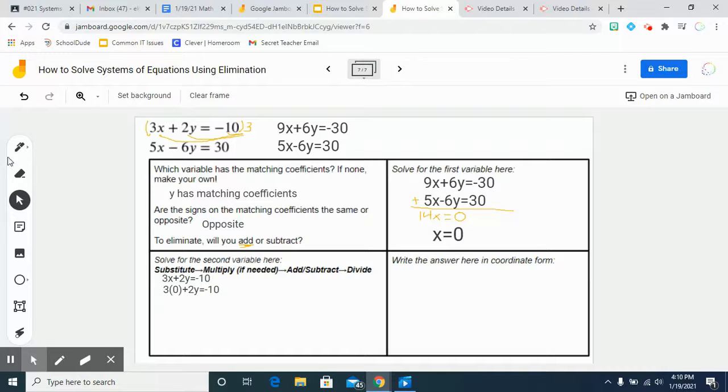Now here we have our multiplication, which once again I'm going to be color coding for the sake of showing you where each step is happening. And we have 3 times 0, which is 0, so I can just leave it as is and call it 2y equals negative 10.